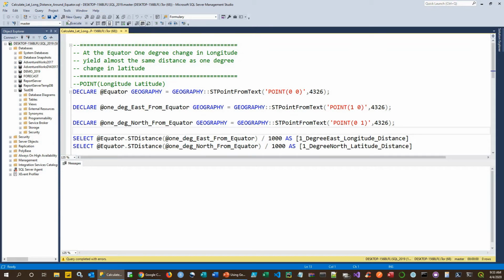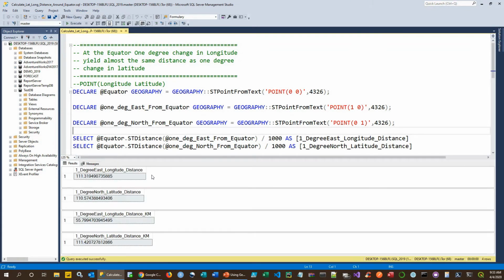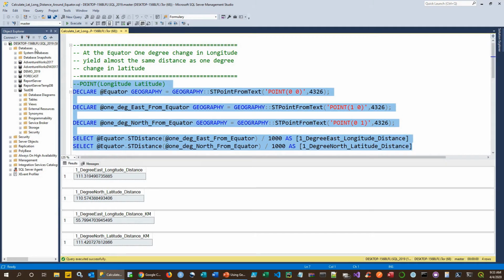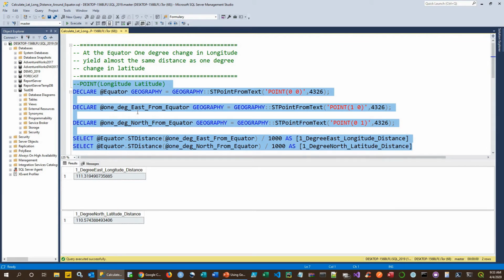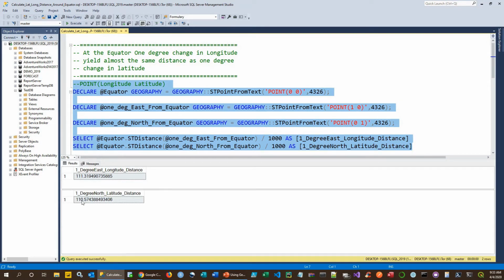So when I run this now, hold on, I'm going to run this one more time. I got too much here, so let me do it again. Okay, so if you look here now, around the prime meridian, you can see the distance in latitude north is 110.57 kilometers, and the distance in longitude is 111.31.